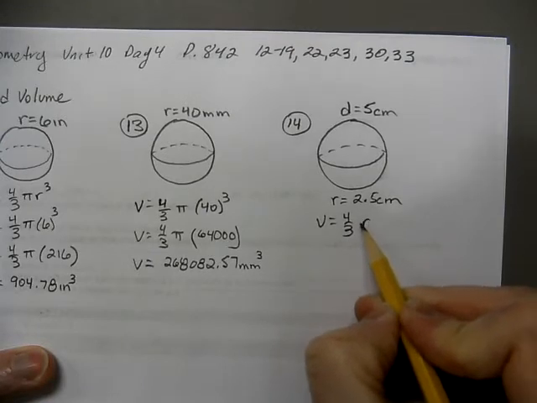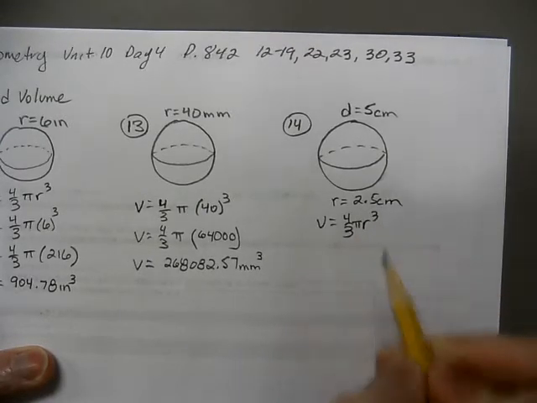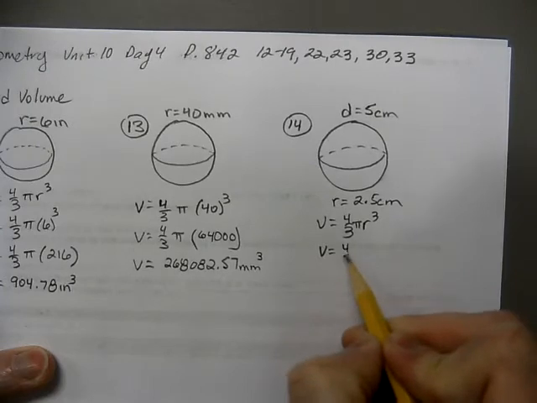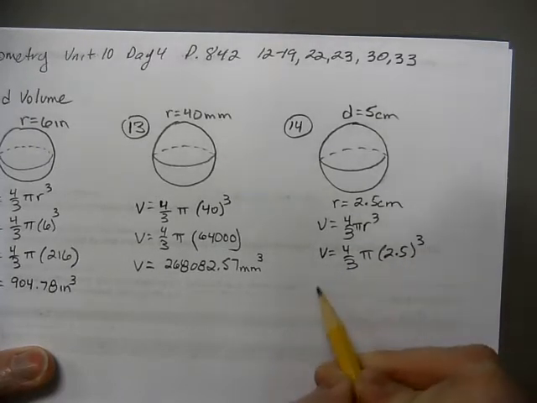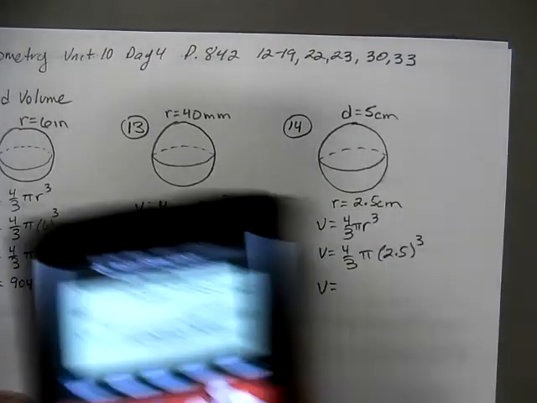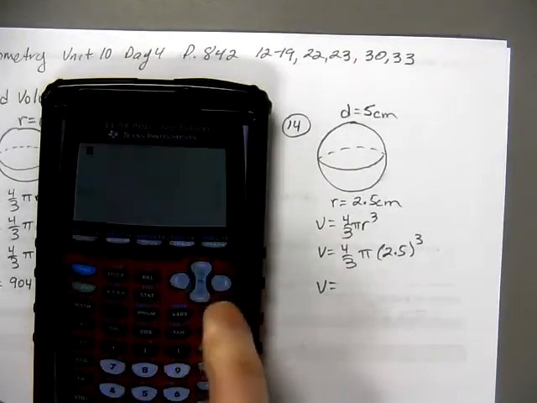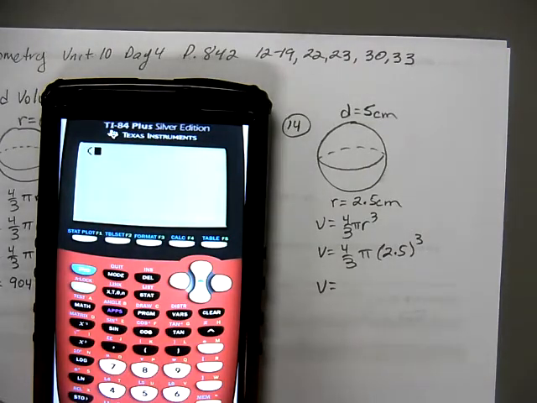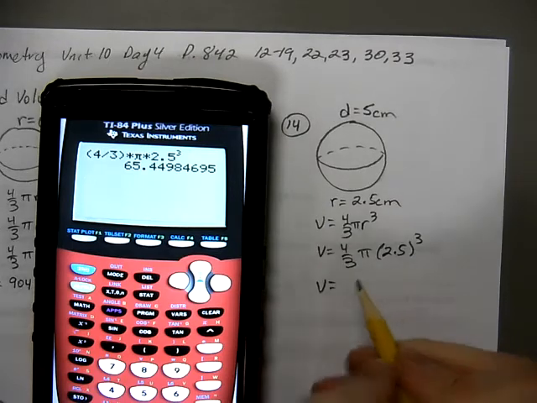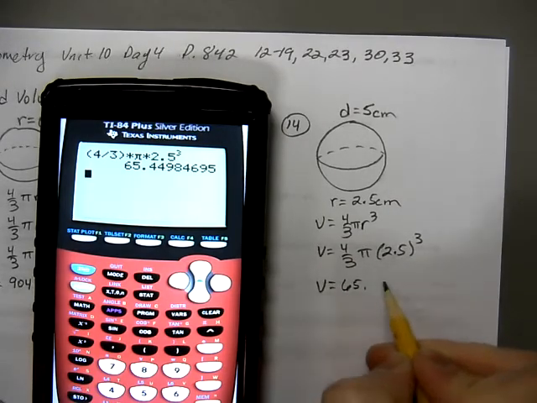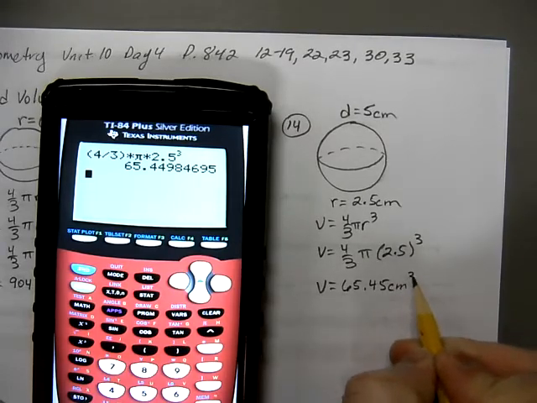So we take our formula, four divided by 3 times pi times 2.5 cubed gives us 65.45 centimeters cubed.